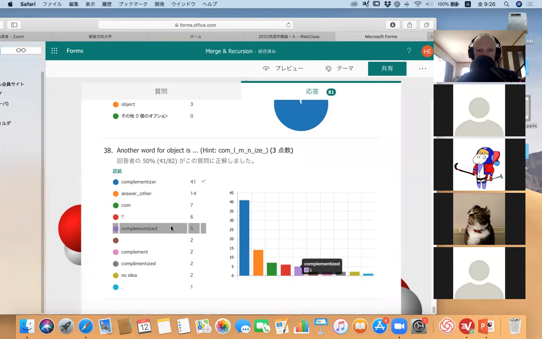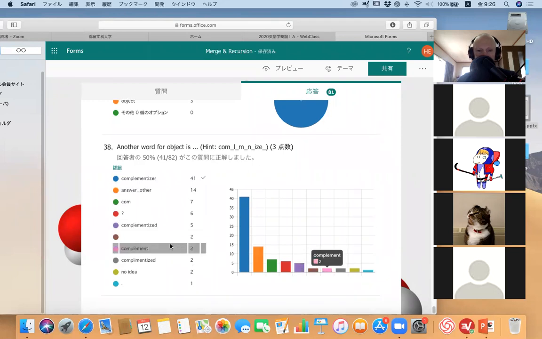I made a mistake. Sorry, it should be complement. I'll change that. Object is complement. I'll check that later. Complement is a better answer actually. But I can't blame you because I gave the hint. The hint is wrong, basically.